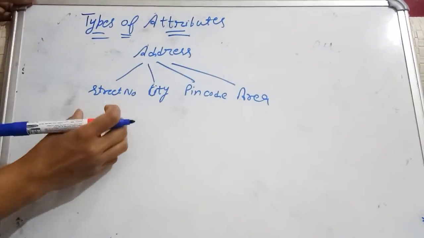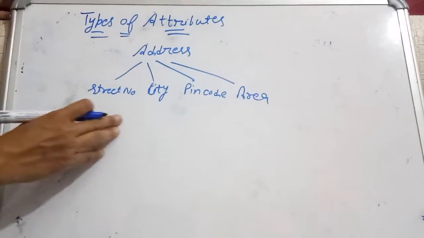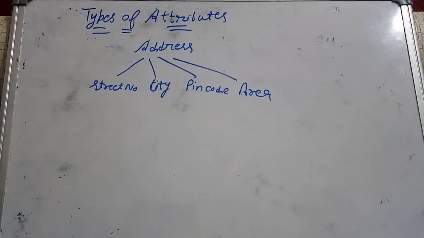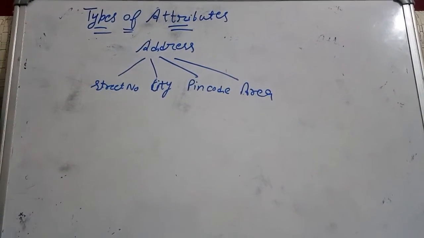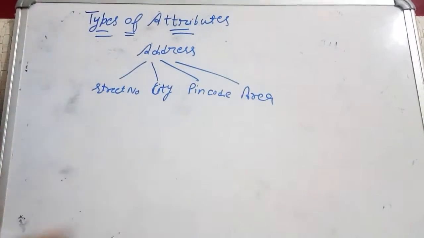So one attribute is divided into components, and it stores more than one value of the address, like street number, city, pin code, and area.